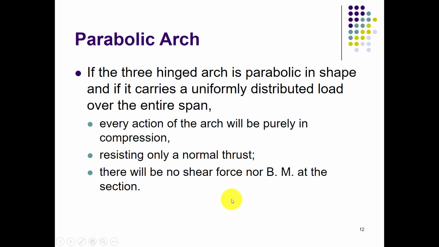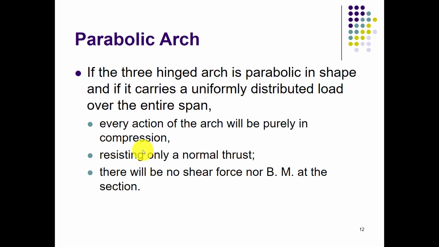There are two types of arches: one can be taken as a parabolic arch, and the second one is a circular arch. A three-hinged arch is basically a parabolic arch in shape. It carries a uniformly distributed load over it, and every response of the arch toward the applied loading is in compression.